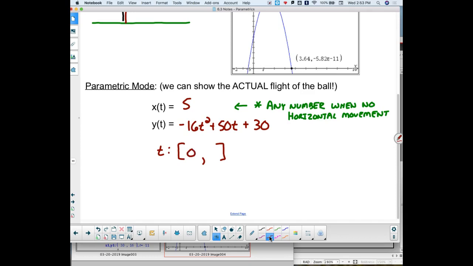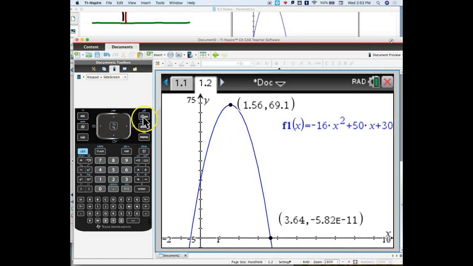When does it hit the ground? 3.64 seconds, right? So let's go to 3.64 seconds, and let's go with a t-step here of 0.13. Make yourself a brand new page and graph that for me.